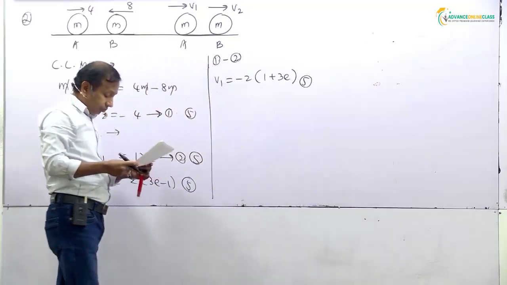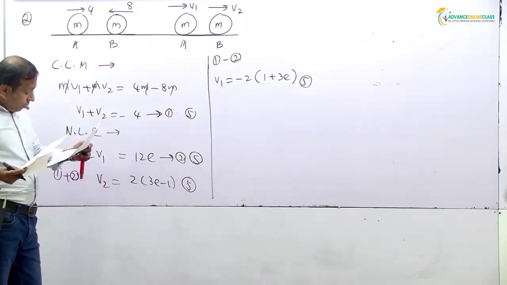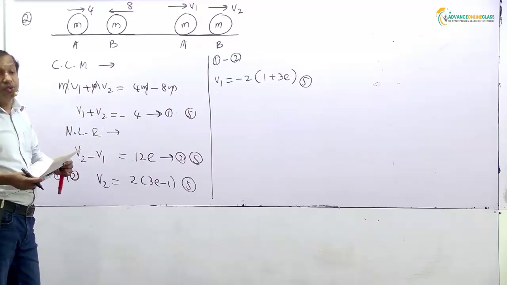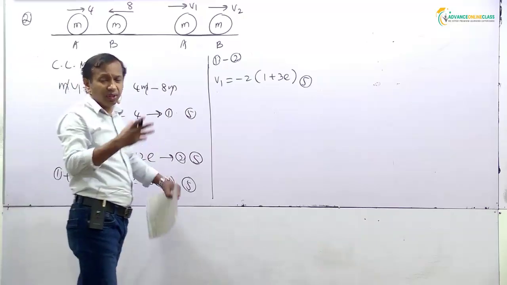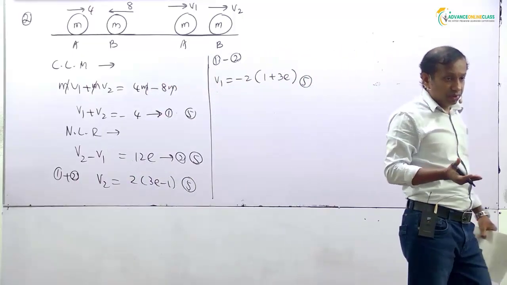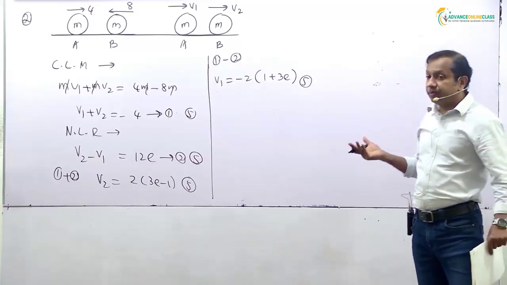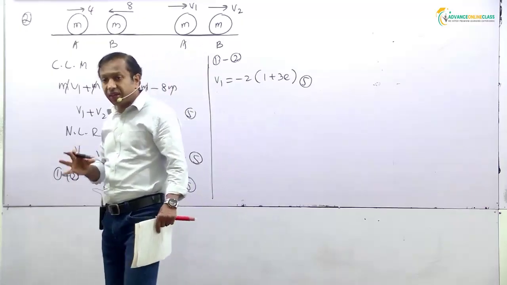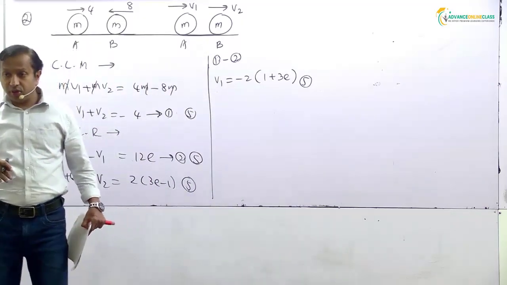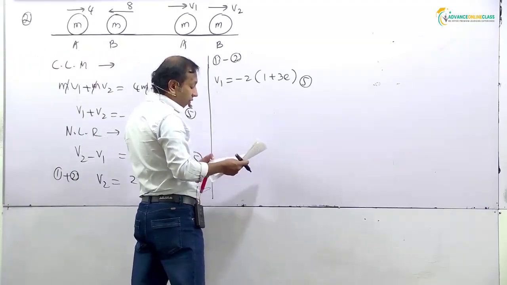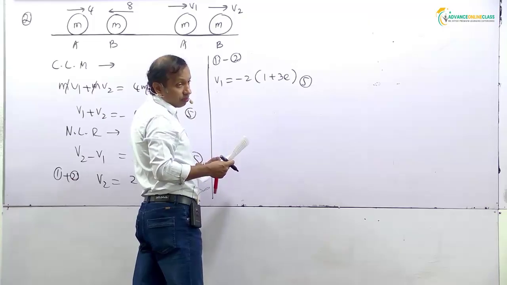Okay. Now, given this way, 1/2 of the initial kinetic energy is lost. 1/2 means what? Half of the initial kinetic energy is lost. That means after impact, the kinetic energy available in the system is exactly half of the initial one.